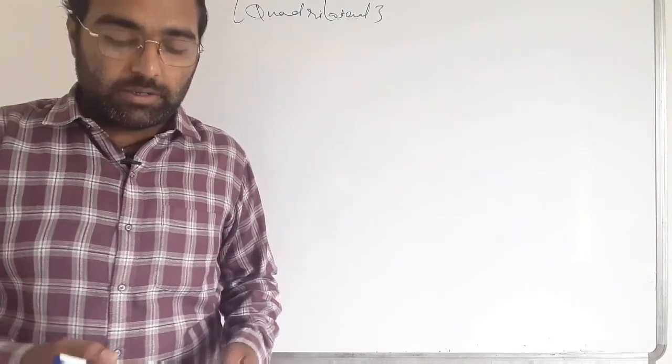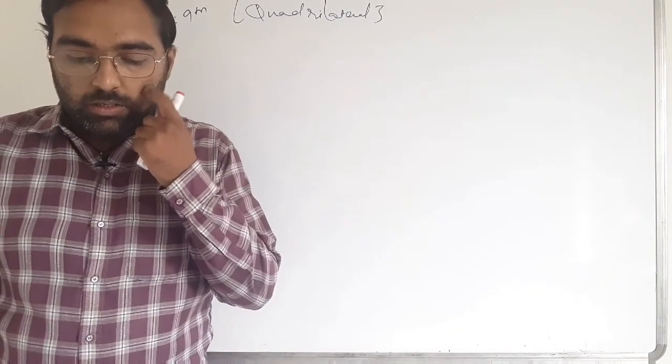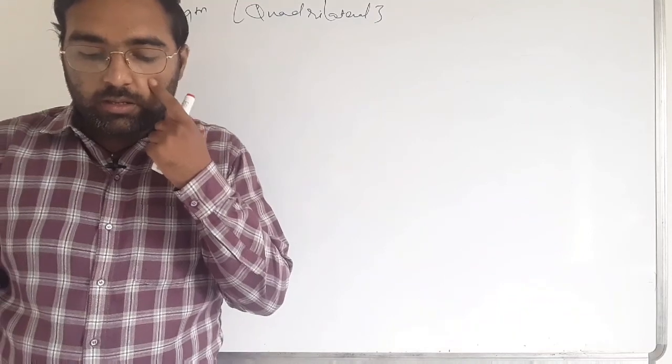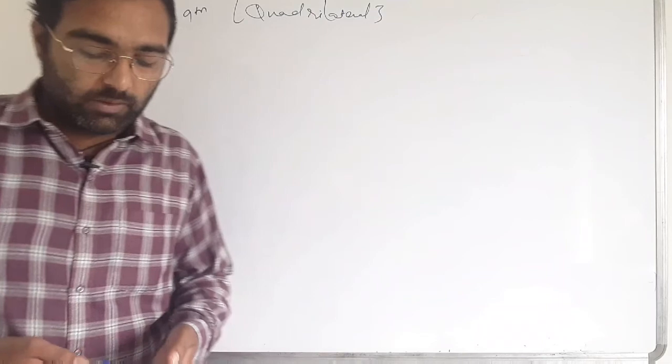Question number 8 is: given that ABCD is a rectangle in which diagonal AC bisects angle A as well as angle C. Okay.